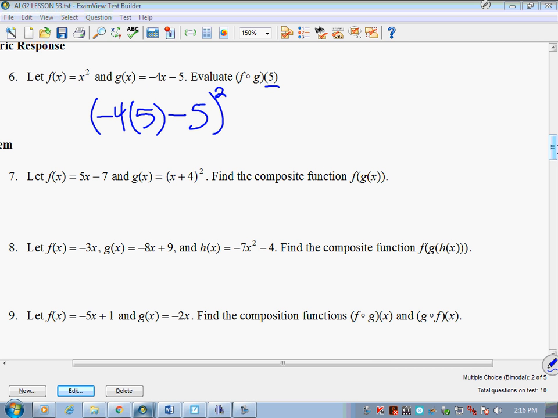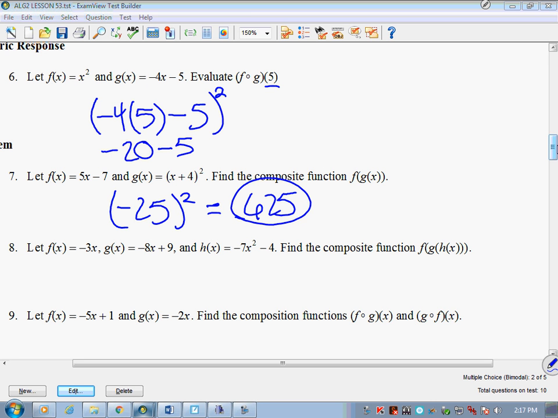Inside the parentheses, what's negative 4 times 5? Negative 20 minus 5, what's negative 25 squared? Should be a positive something. Negative times a negative is a positive. 625. 625.